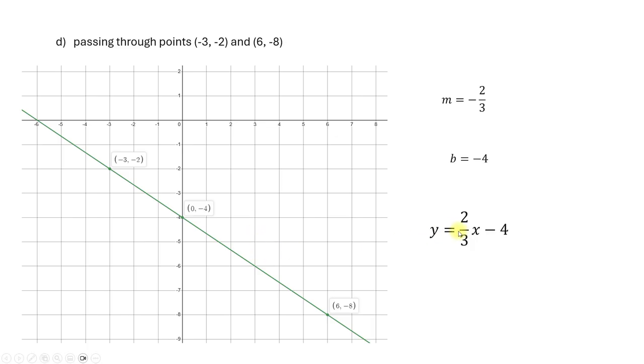Looks like I have a little error here. I should have a negative sign. We came up with a slope of -2/3. This answer right here should read -2/3.